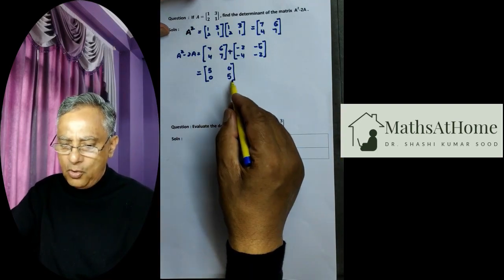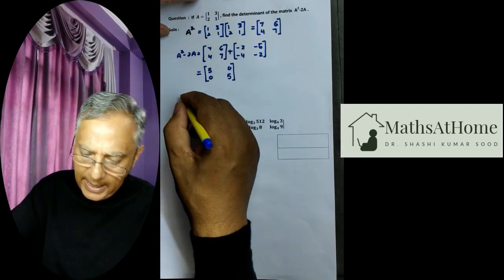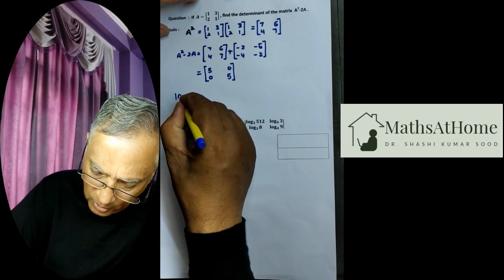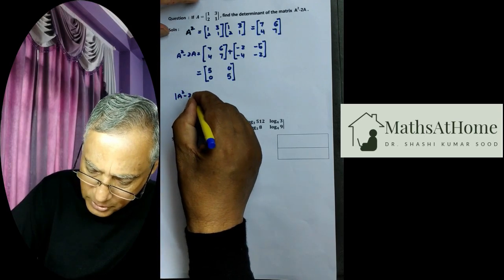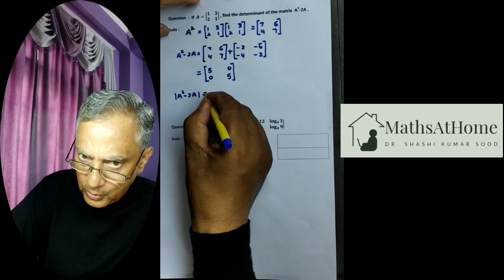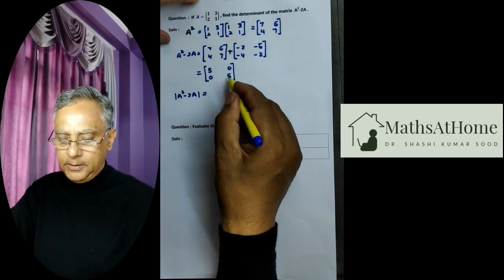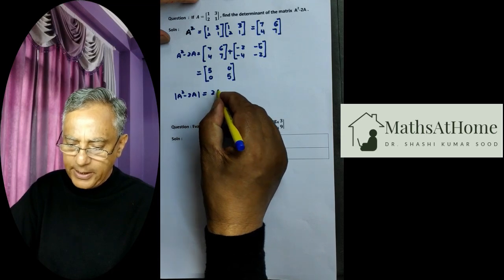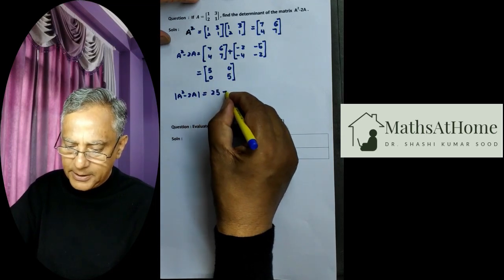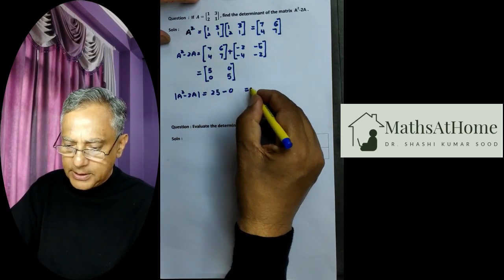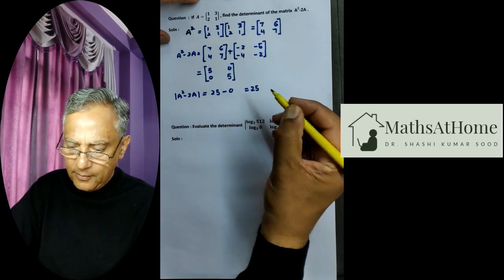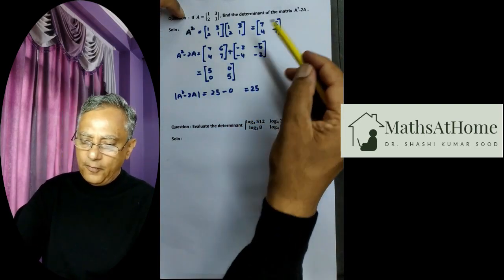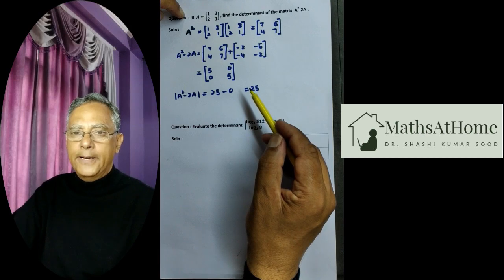So this is equal to this much. And therefore determinant of A square minus 2A is equal to this into this minus this into this. This into this is 5 into 5 is 25 minus this into this is 0. So this is equal to 25. So value of this is 25.